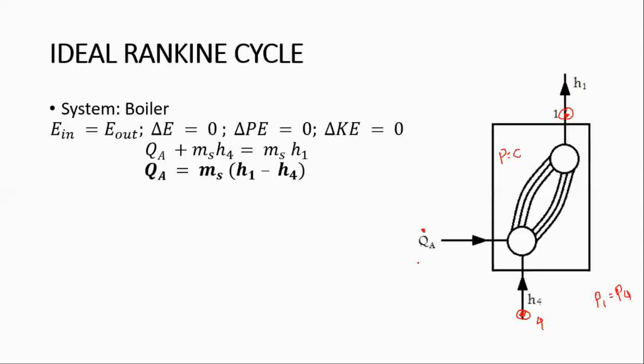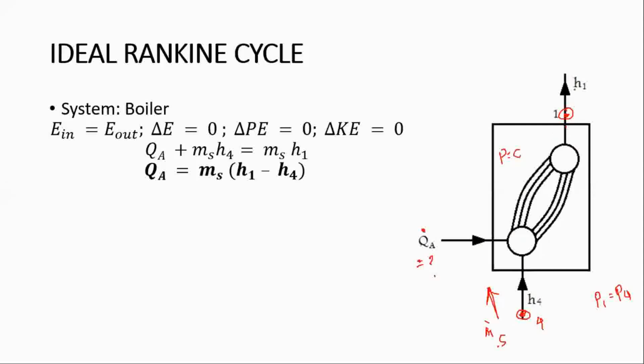Minsan, tinatanong sa problem, ano ang value ng QA? Magkakaroon tayo ng energy balance. Energy in equals energy out. Assuming that change in potential and kinetic energies are equal to 0, ano lang ang meron? Pasok si heat added plus energy in terms of enthalpy, mass of steam, ms times h4. Pasok equals sum ng mga pumasok na energies equals sum ng lumabas.